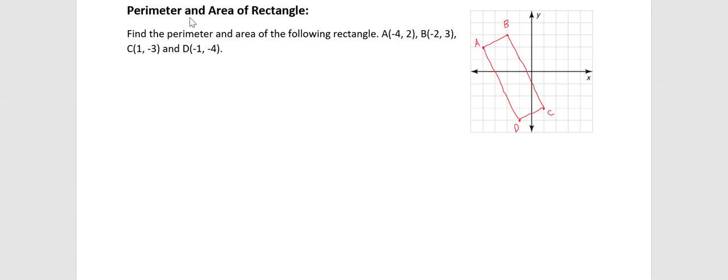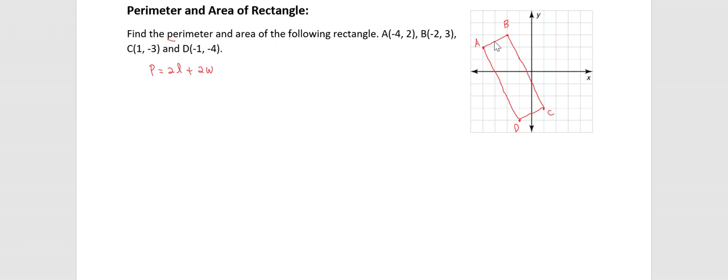The formula for the perimeter of a rectangle is given as 2 times the length plus 2 times the width. So here we can just use the longest side as the length and then the shorter side as the width.